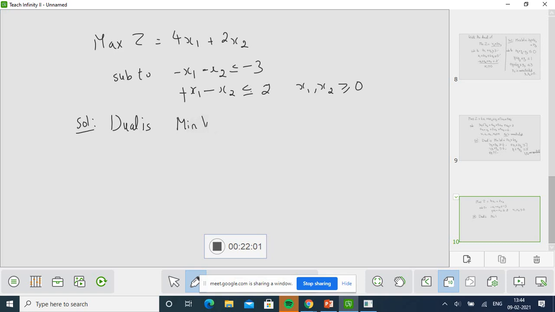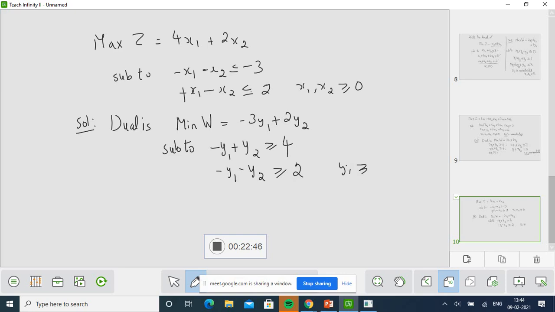Minimize W equal to minus 3y1 plus 2y2, subject to minus y1 plus y2 greater than or equal to 4, and then the next one, greater than or equal to, then all yi greater than or equal to 0.